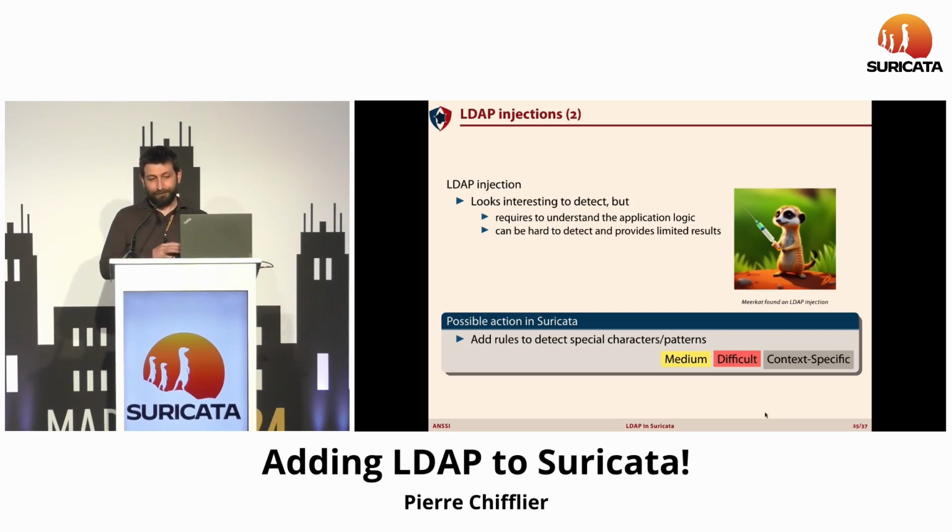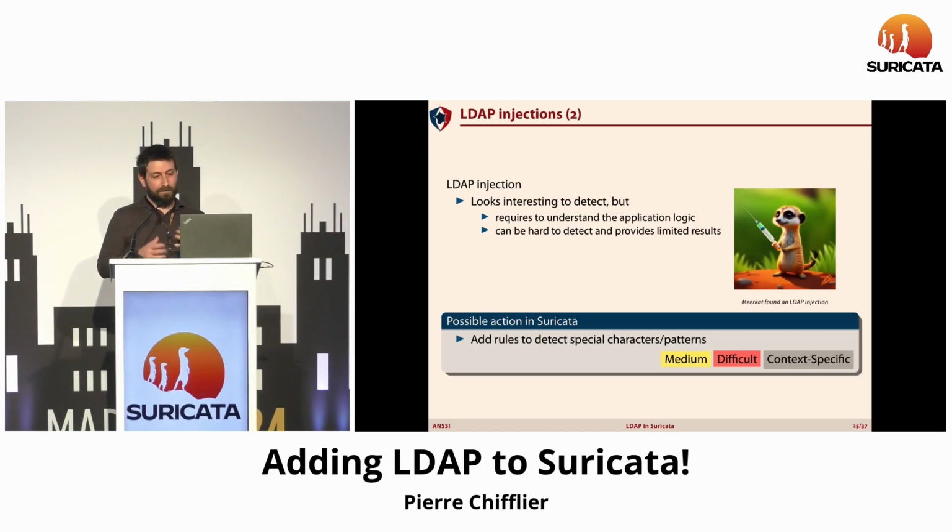The problem is it requires understanding the application logic because the built filter might be much more complex than what I showed. So you have to build something. Also, in the LDAP data, we have the filter in the form of a complete AST, which is quite difficult to reconstruct, and it's expensive.